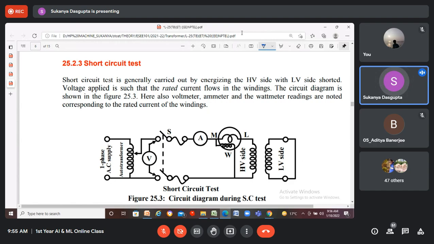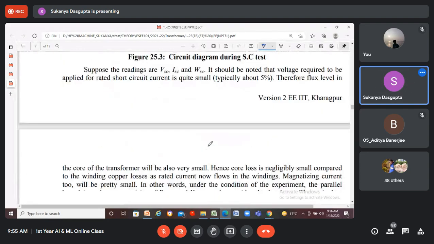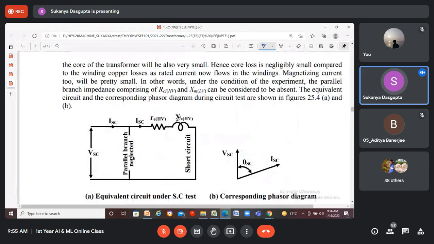So the only loss in this situation, measured by this wattmeter, is the copper loss, because only the rated current will be flowing through the windings. The secondary side reactance and resistance come into play, because this time the secondary side is not open, it is connected via a short circuited wire, right?